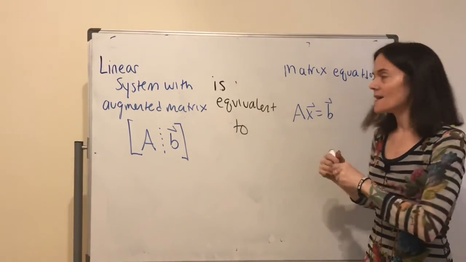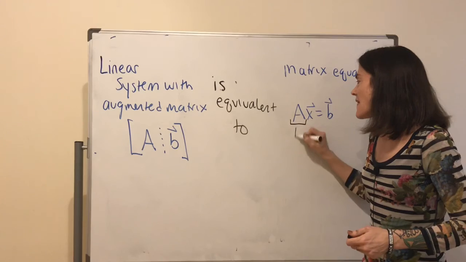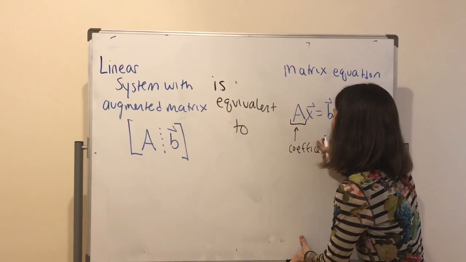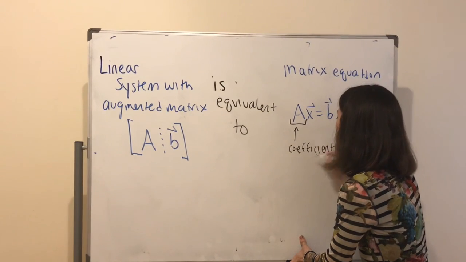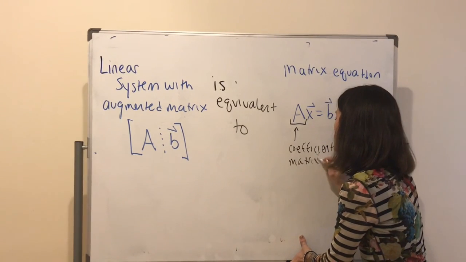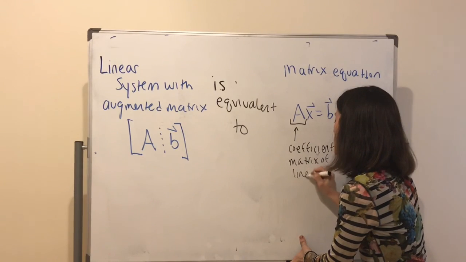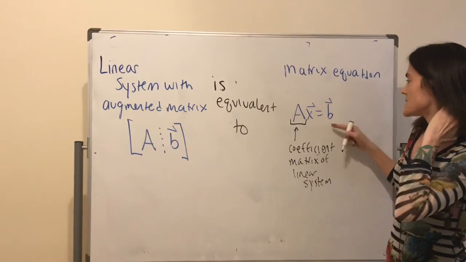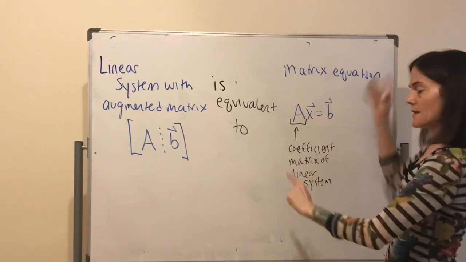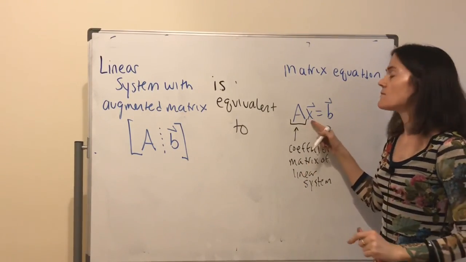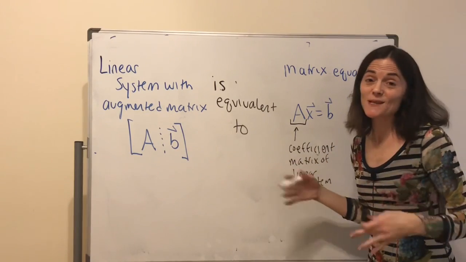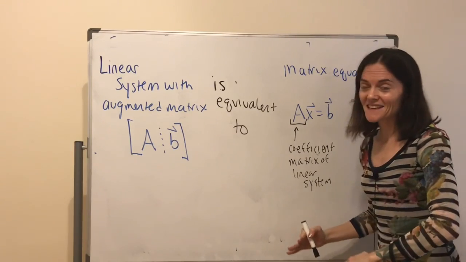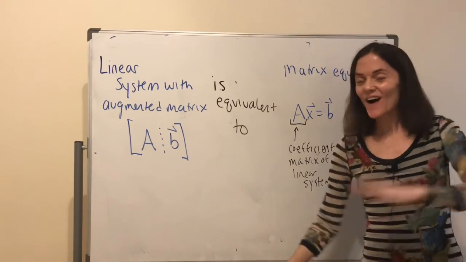Now this, if you think about it, this is the coefficient matrix of the linear system. This is the vector that is on the left-hand side of the equals, and this is the vector of variables. It's your unknowns. Okay, important observation, and we will end on this note.